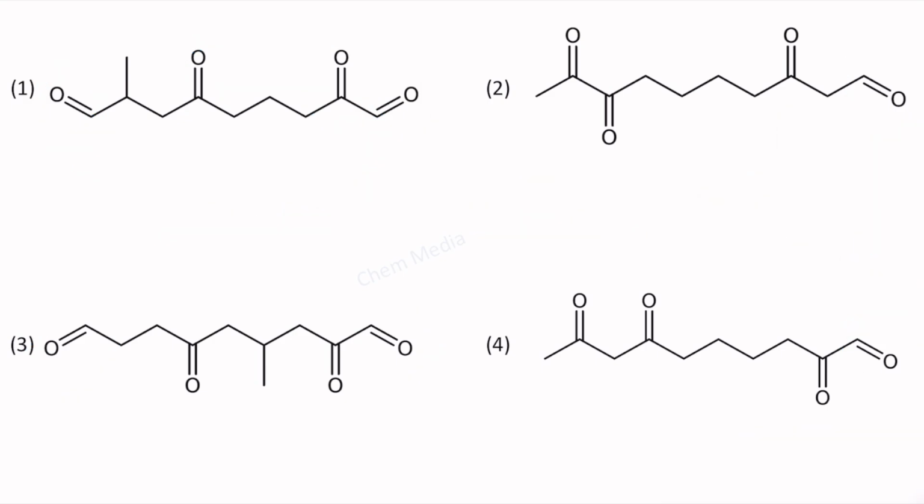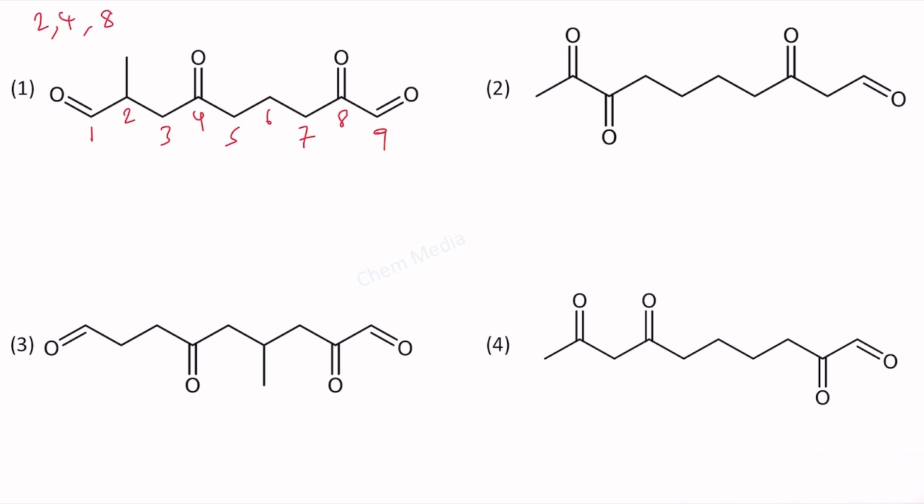For structure 1, let's do the numbering left to right. If we do that, then 1, 2, 3, 4, 5, 6, 7, 8, 9. The substituents are at 2, 4 and 8 positions.